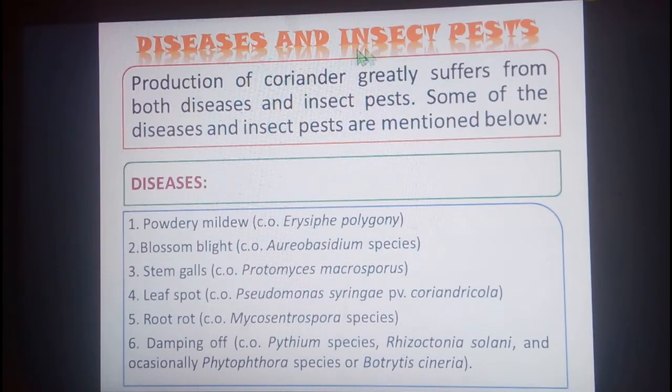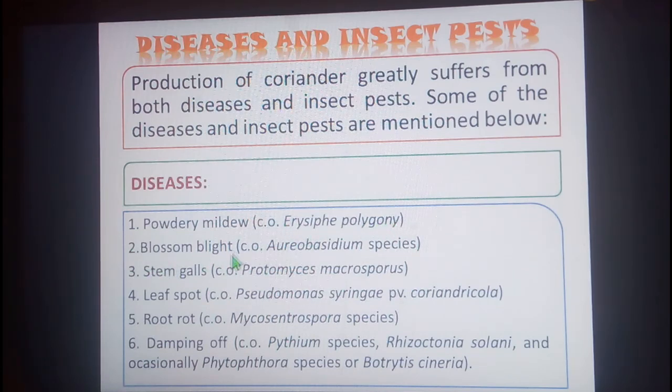And just like many other crop plants, this plant is also infected by a number of fungal and bacterial species, and also by insect pests. Some of the diseases caused by fungi and bacteria are powdery mildew caused by the fungus Erysiphe polygoni.